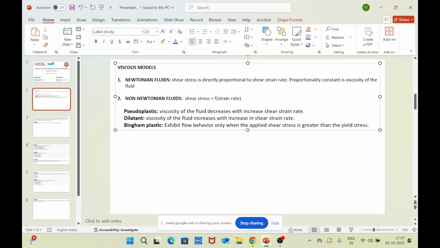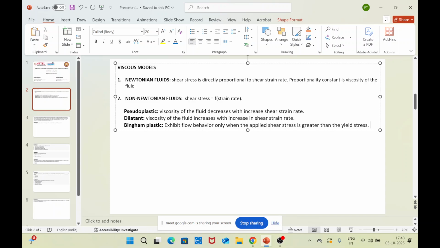So can anyone make a few guesses on what kind of fluids can exhibit this pseudoplastic behavior, dilatant behavior, and this Bingham plastic behavior? I have now given what exactly each means. We have discussed this previously as well.